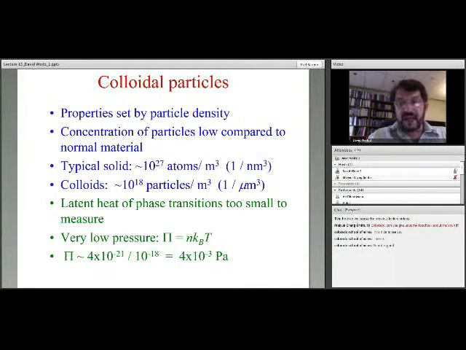This also sets the value of the elastic constant. The pressure has the same units as the elastic constant, and the elasticity is given by these same units. If thermal energy plays a role, it's just kT divided by the volume of a particle.